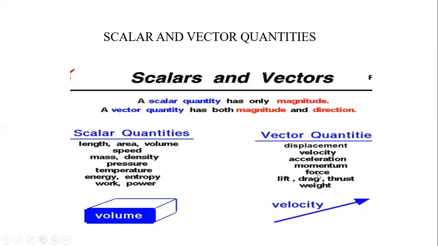It involves both the magnitude and the direction. So all these quantities which need direction and magnitude for their specification are known as vector quantities, and those quantities which only need the magnitude, meaning numbers 5, 6, 7, 8, 9, 10, for their specification are called scalar quantities.